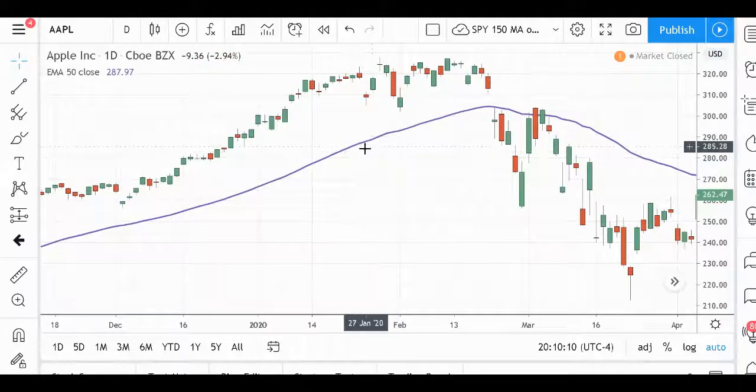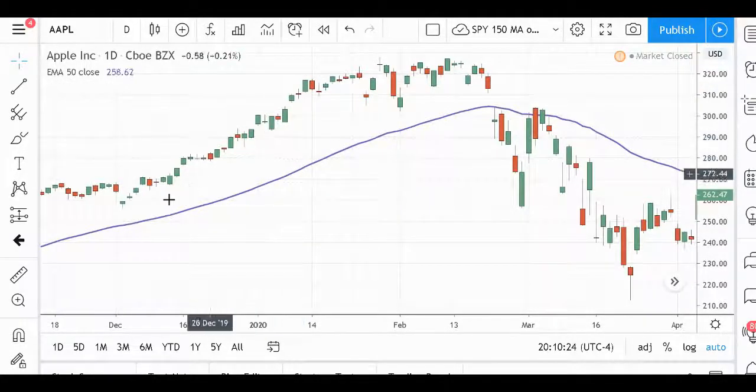When it starts to get really stretched out, when the distance, the white space between the line and the candle starts to get wider and wider, then the more likely it is that it's going to snap back to the line. All right, so the distance was narrow here, but it got really wide here between the line and the candle.